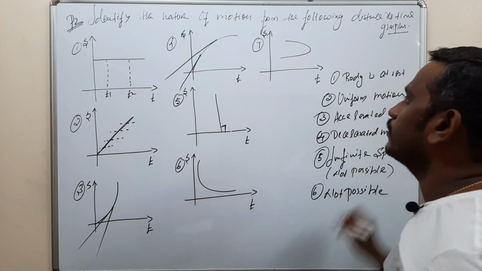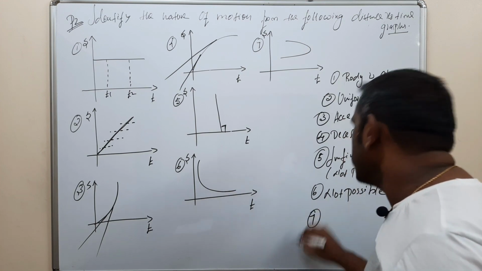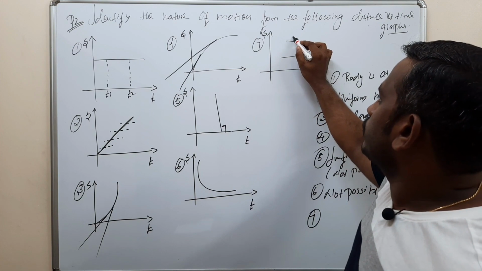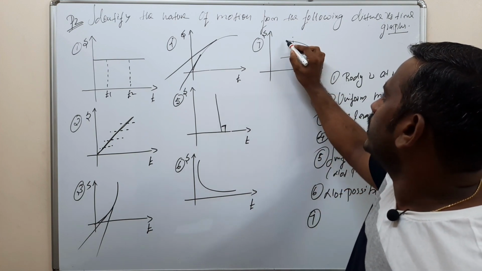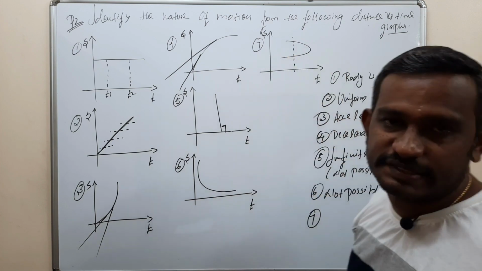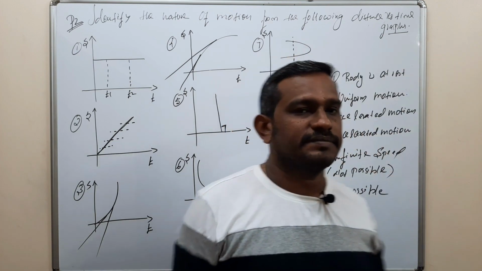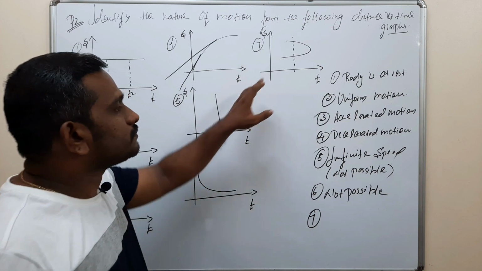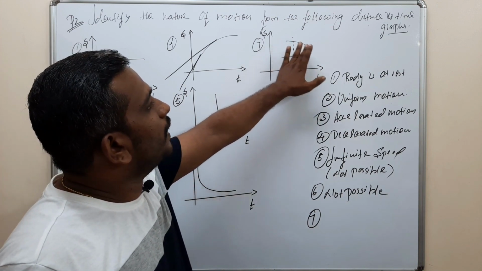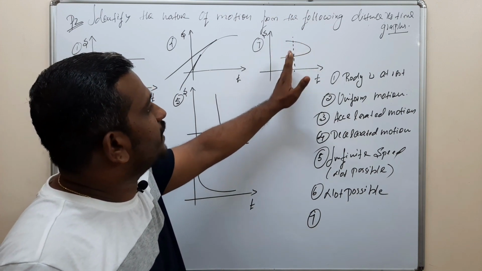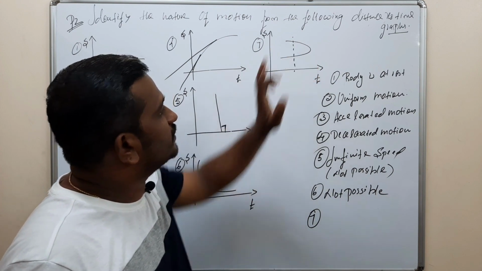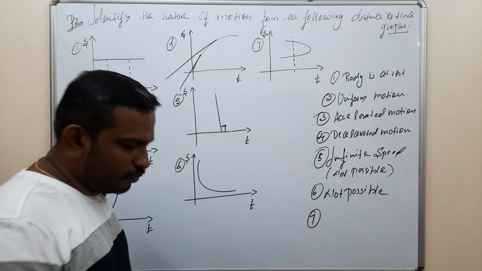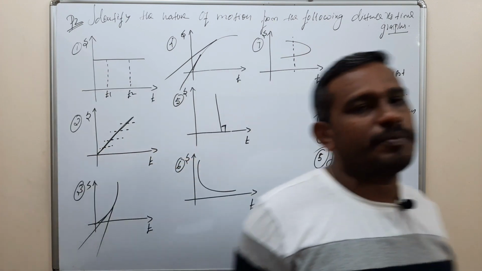Then the seventh one. For a particular instant of time, the body covers two distances. This graph shows that at a particular time the body covers two distances. In a one-dimensional motion, that is not possible.